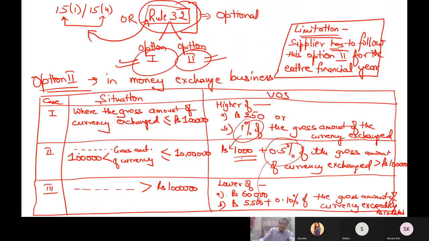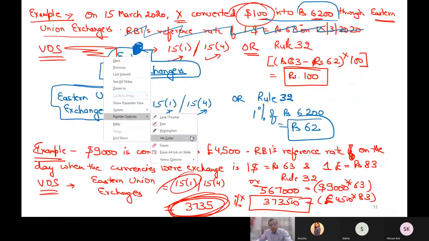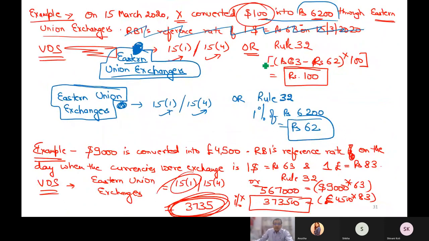Now in the previous examples, do you know one thing was assumed by default? When I computed this value, by default it was assumed that the supplier is not availing option 2. You must write this in the exam, only then I can say that this is the answer.